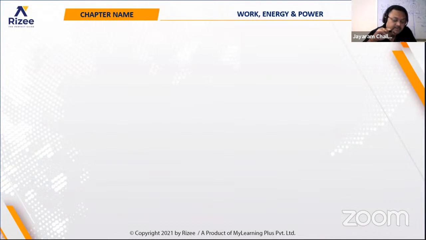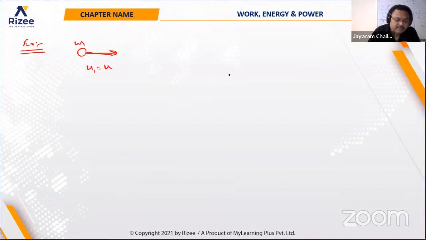Instead of the conservation of energy, you can use this in an inelastic collision for solving the sums. Let me take a simple example. A ball is traveling with a certain velocity u, so u1 is equal to u, and let its mass be m. It collides with another identical ball of mass m, which is at rest.